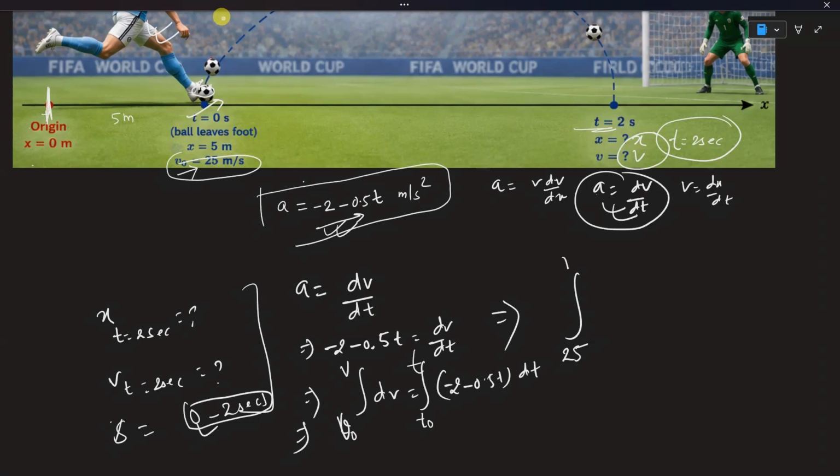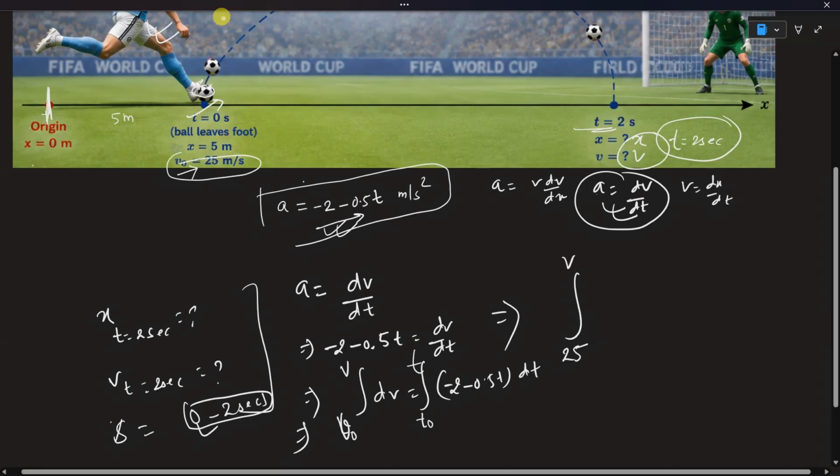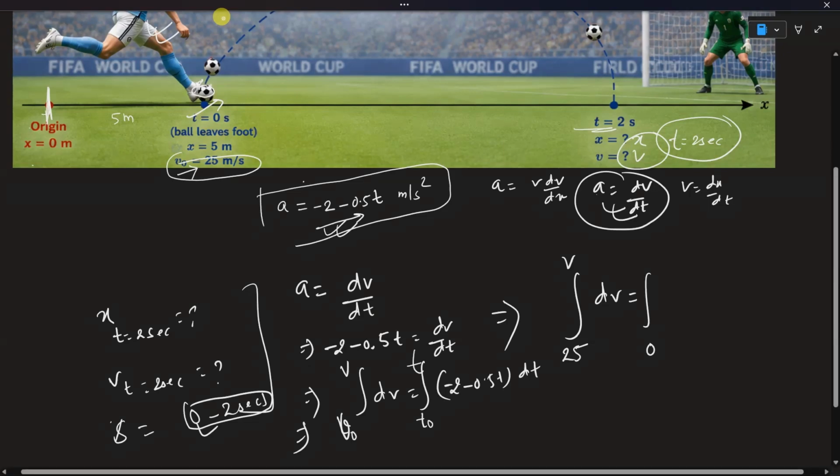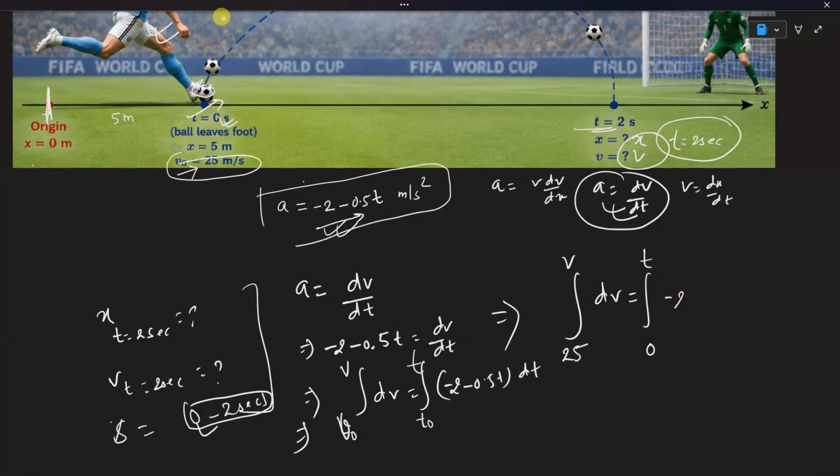So this is the final velocity in terms of dv, and t naught is given as t equals 0 seconds. You can see the initial condition is 0 seconds, and I write the equation in terms of final time t, with (-2 - 0.5t) dt, right?